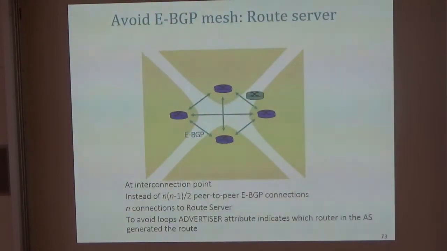This is avoided by having a server that you can put in the middle that acts as a mailbox. Instead of running BGP between every possible pair, you run BGP with what is called a route server, so when you send an update here, this update is rebroadcast to all other BGP routers.